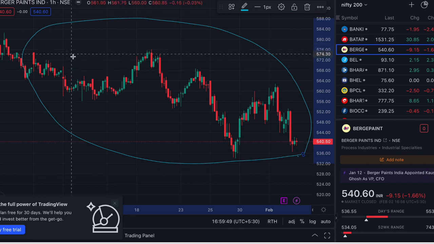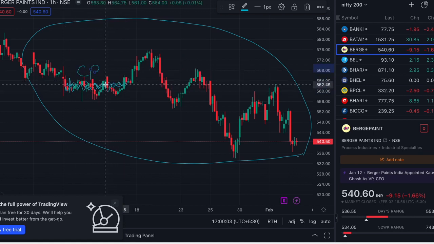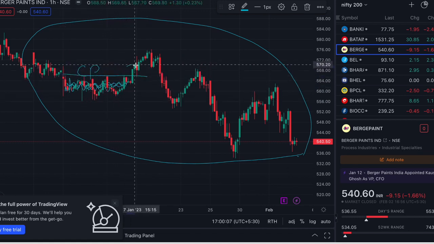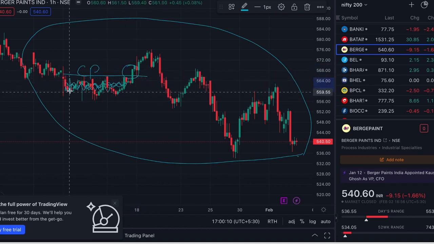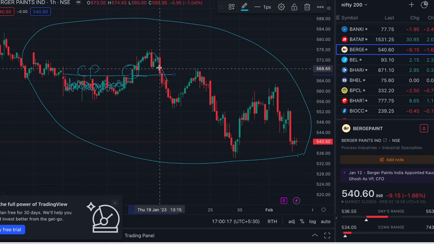Now if you can see, there is a substantial fight over here, and this can be marked as a concentration point, and the price was broken at this particular level. This is a concentration point, but did it sustain? No, it came down directly, right?